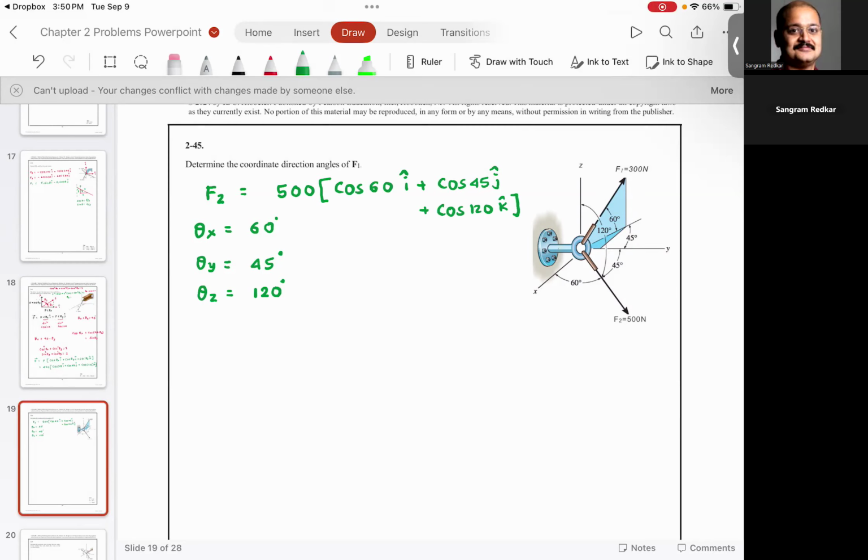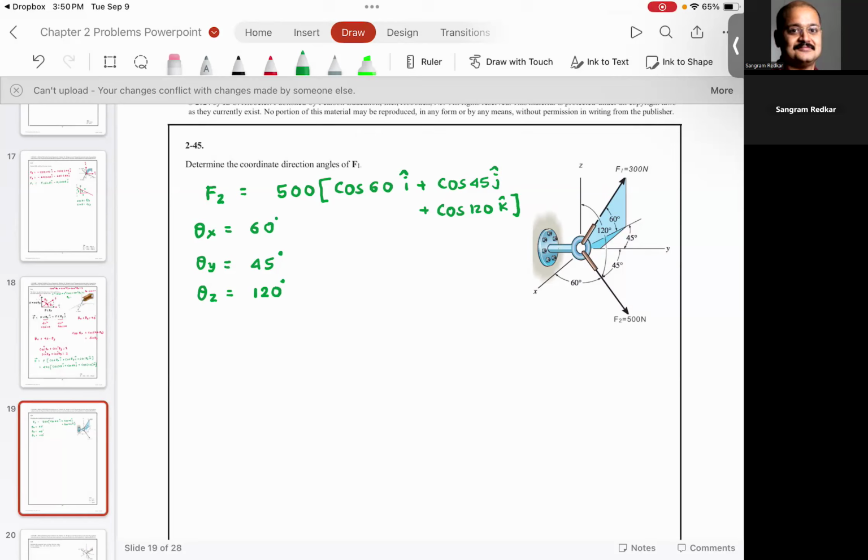Now the same jugglery you have to do with F1. The only problem here is the angles as they are written are not very clear. So you want to be super duper careful when you find those angles.